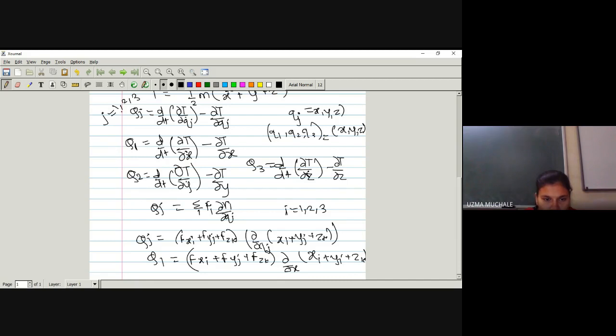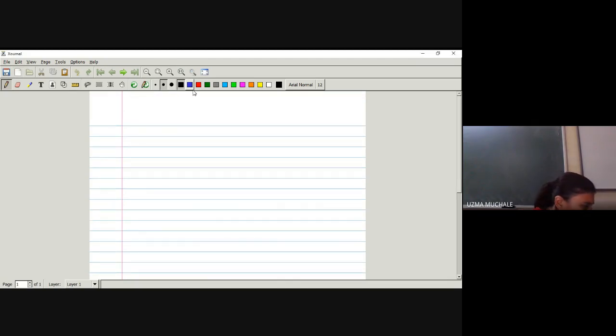To find out the values of the left hand side q1, q2, q3, we are working for this because we know the value of T. If we have the value of T, we can find out the RHS of these q1, q2, q3. So now let me go for the next one. That means we are going to evaluate these equations.